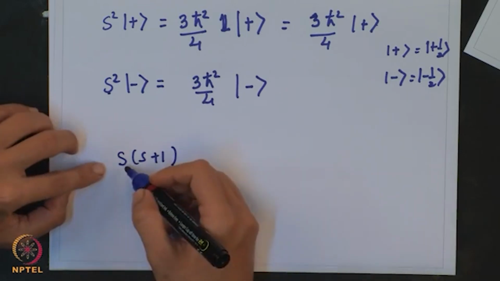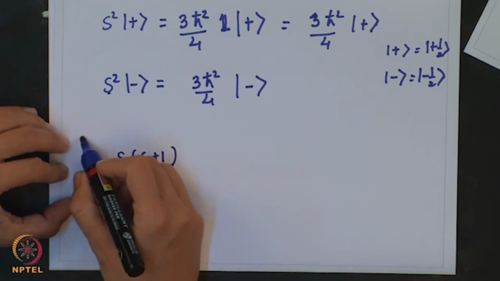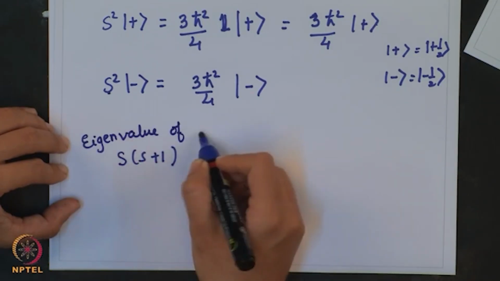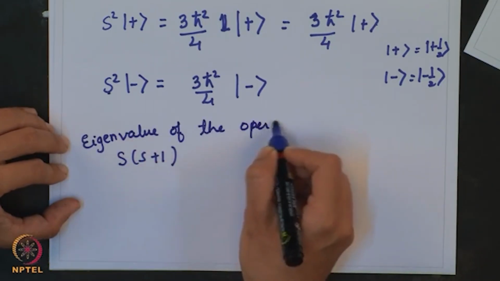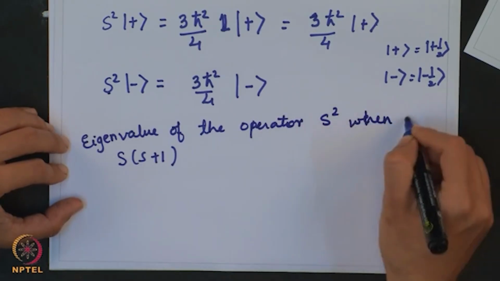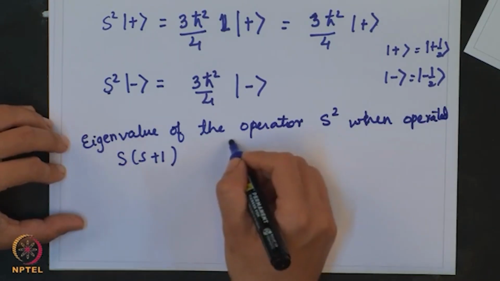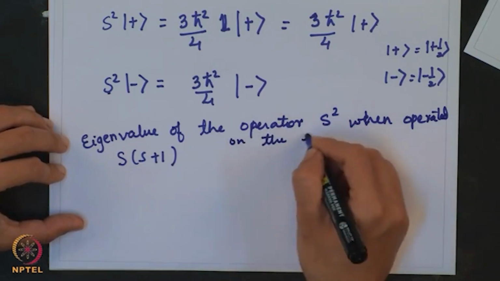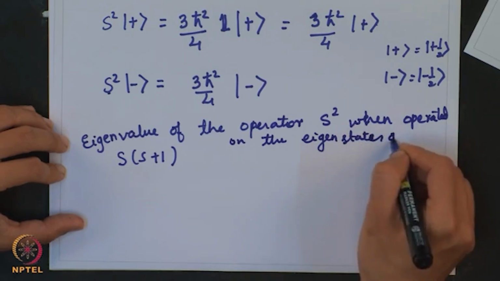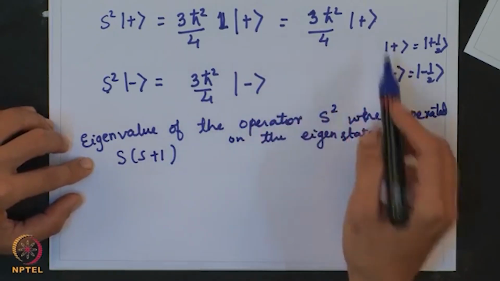So, this forms a simultaneous eigenket, and this will be the eigenvalue of the operator S square when operated on the eigenstates of Sz, the eigenstates which we have inferred from here, the up and down states.